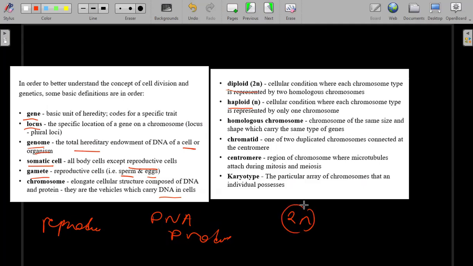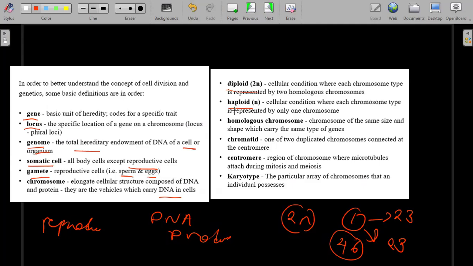Meaning for one chromosome, you end up having two homologous chromosomes. So let's say you have 46 chromosomes, you end up having two homologous sets, which are going to have 23, 23 like that. That's what diploid is.